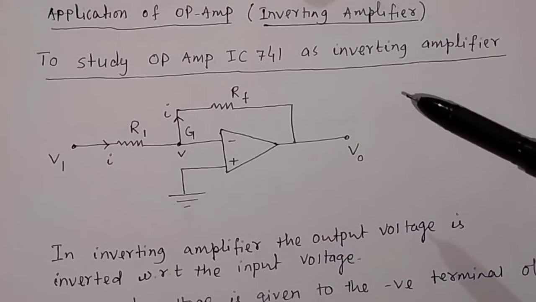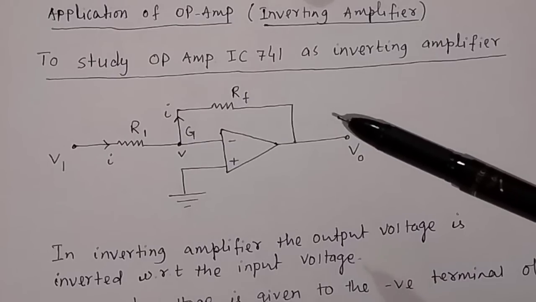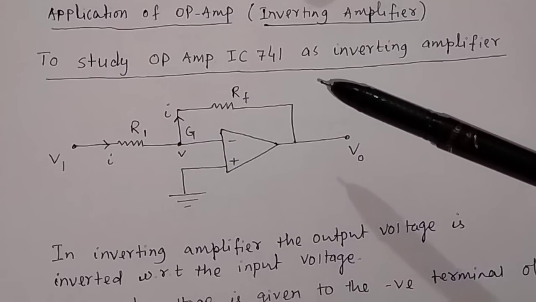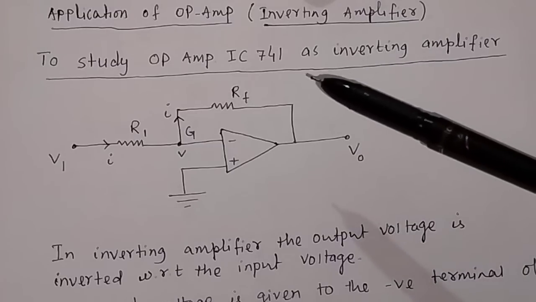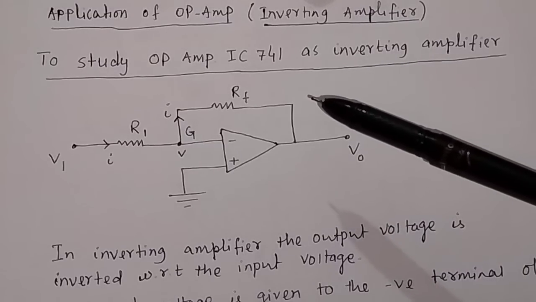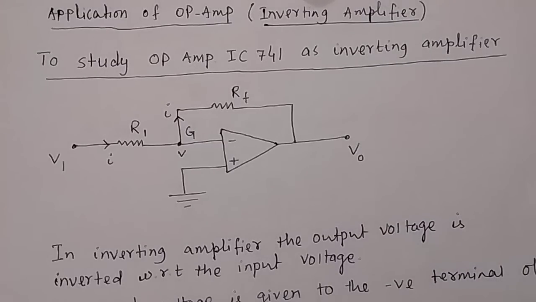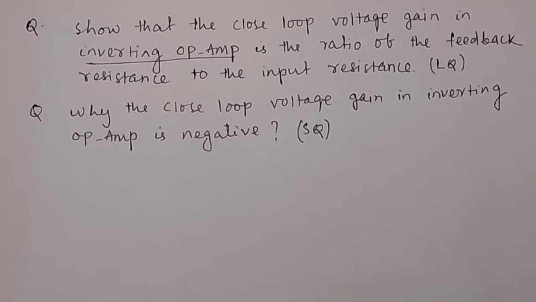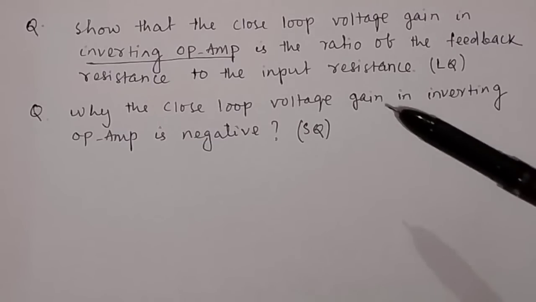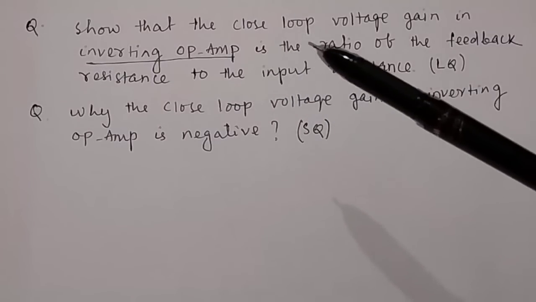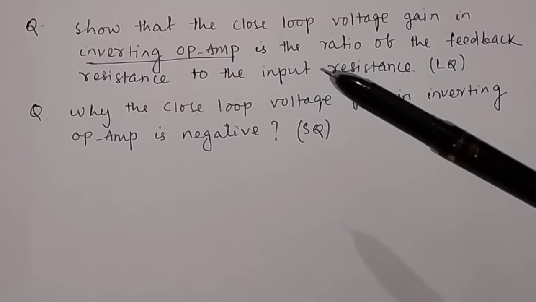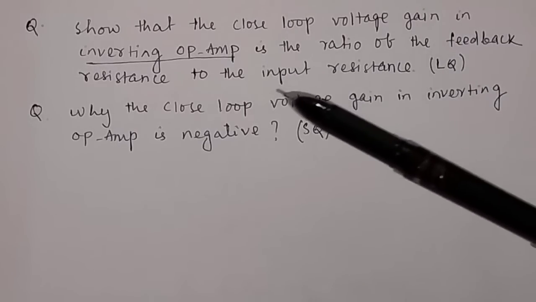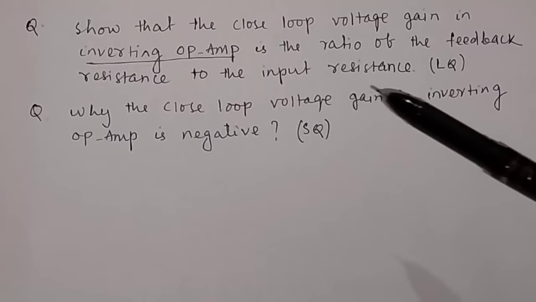We will do the experiment in a separate video, but the theory of the inverting amplifier IC 741, we will discuss. In the long question section, you will find this type of question: the closed loop voltage gain in an inverting operational amplifier is the ratio of the feedback resistance to the input resistance.